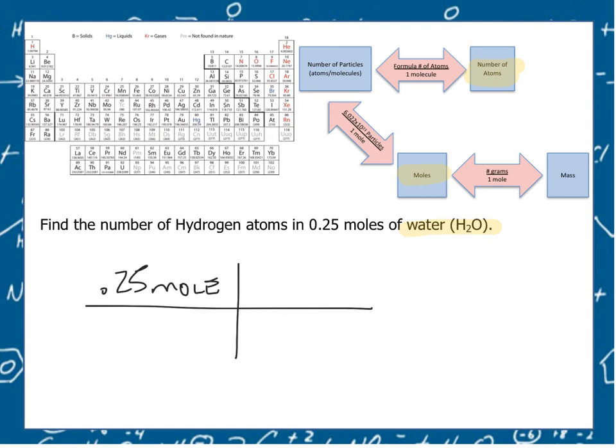I'm going to first convert to particles. So I'm going to use this ratio, 6.022 times 10 to the 23rd particle over 1 mole.